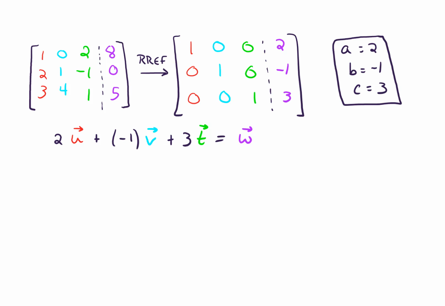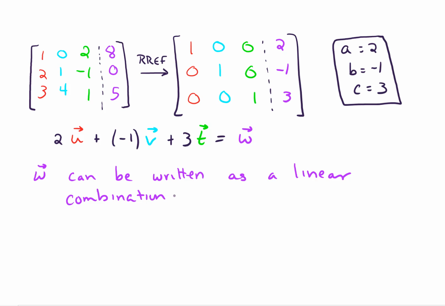Yes, it can. So vector W can be written as a linear combination of vectors U, V, and T. Great.